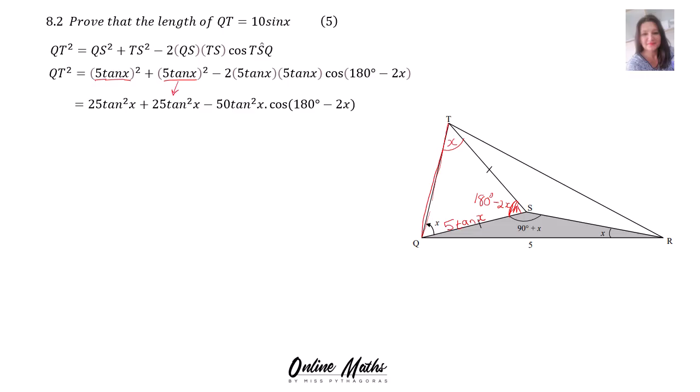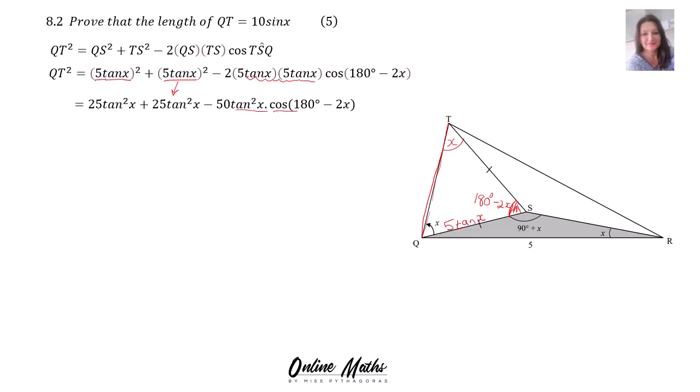And then here we're going to say 2 times 5 is 10 times 5 is 50 and tan X times tan X is tan squared X. And then for now, this cos 180 minus 2x will just be carried down. And then now we can say that this is a reduction formula.